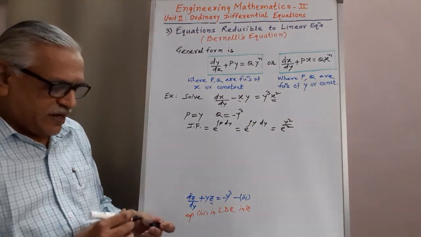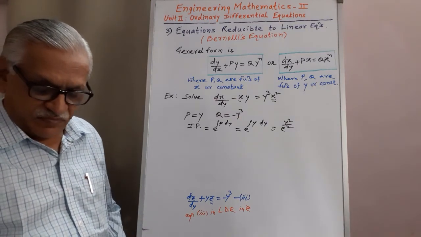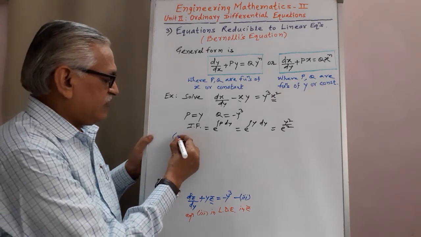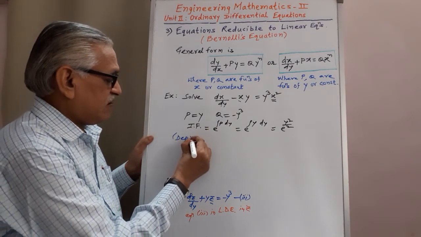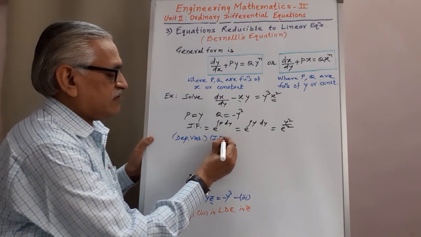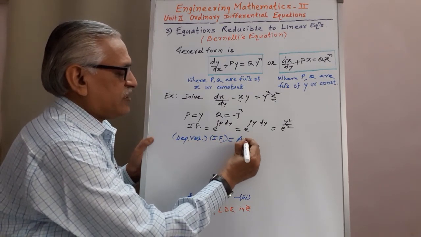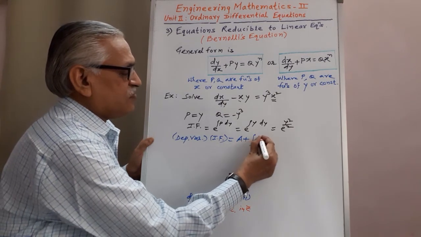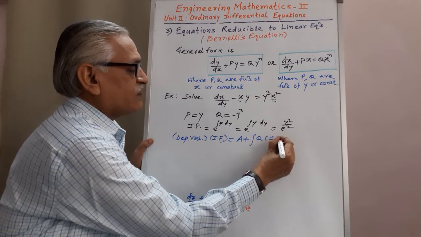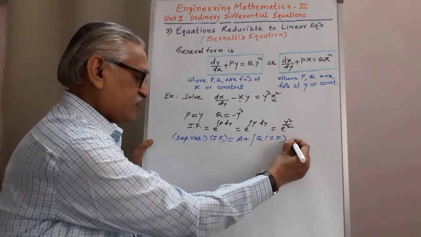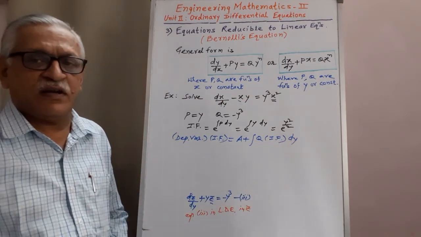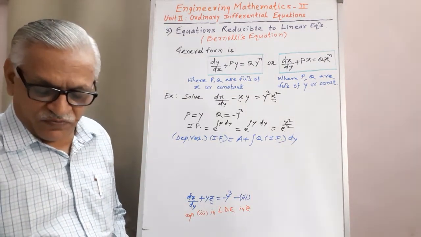And then the solution is given by dependent variable into integrating factor is equal to constant A plus integration of Q multiplied by integrating factor IF, and its integration with respect to y, the independent variable.